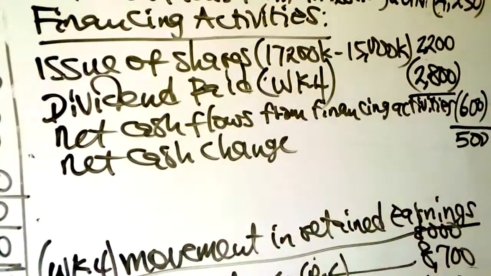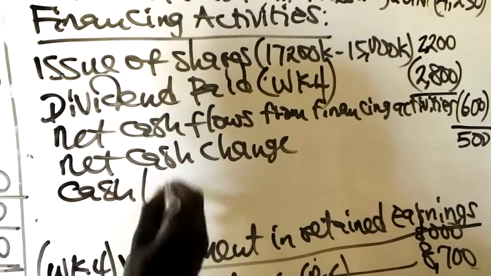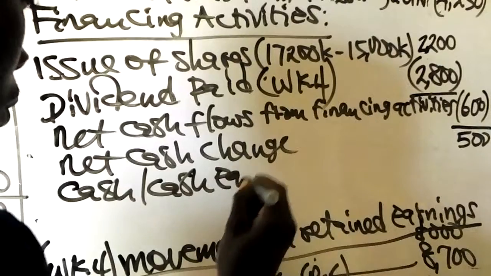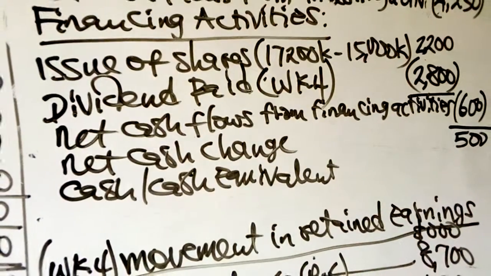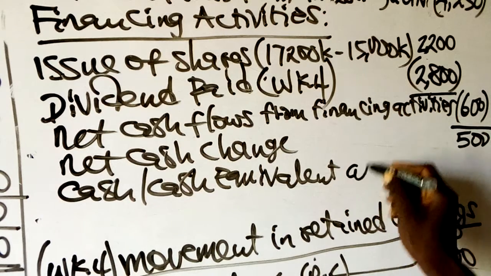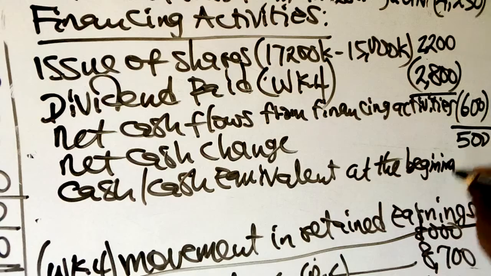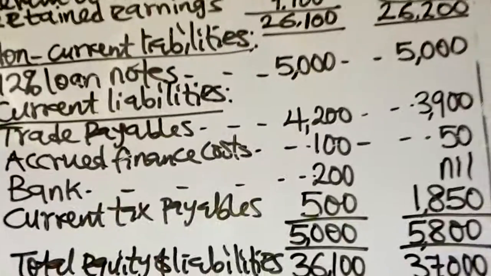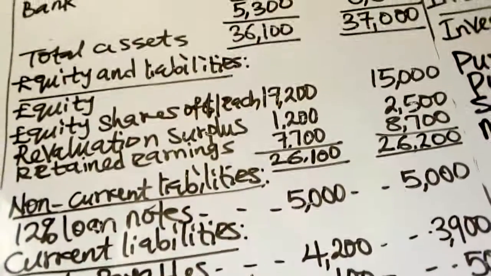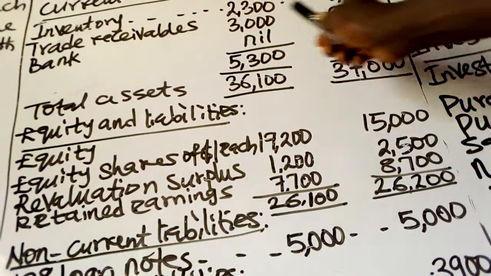After the net cash change, you have cash or cash equivalent at the beginning of the period. You check your current assets. Under current assets, you have bank. The opening balance is 300 and the closing is nil.